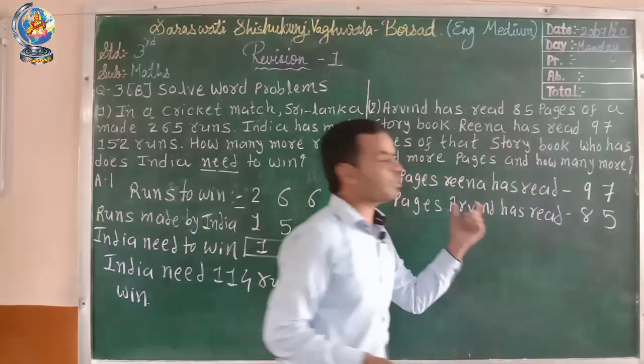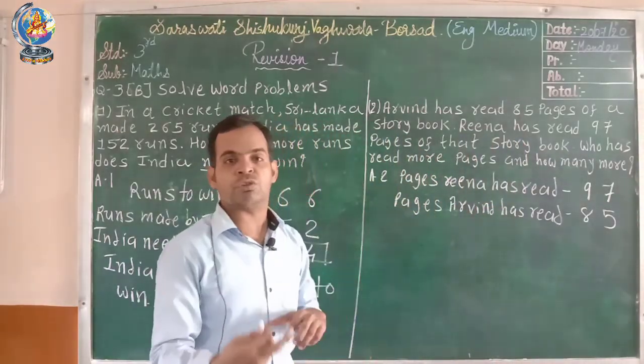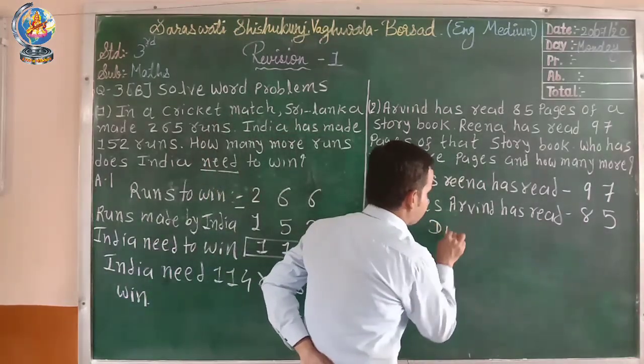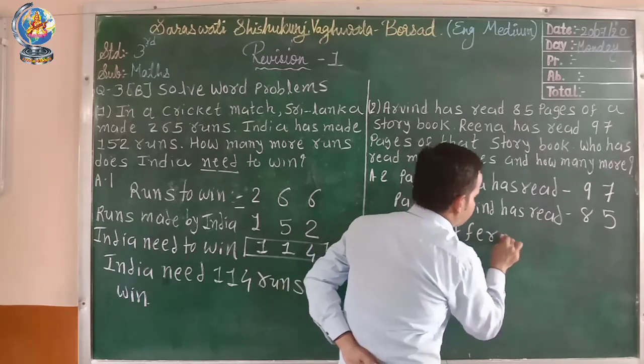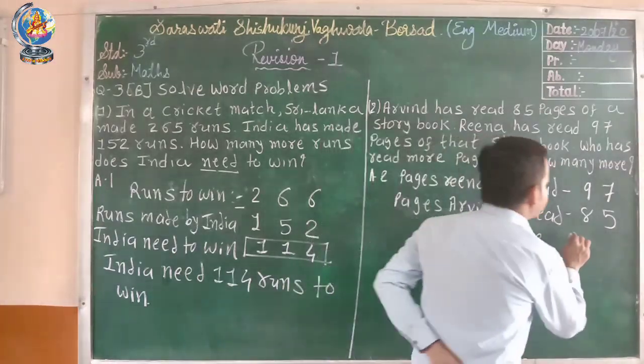Now here we have to find the difference. Who has read more? So here we have to find the difference. So we can write difference. Now we have to do subtraction of both these numbers.